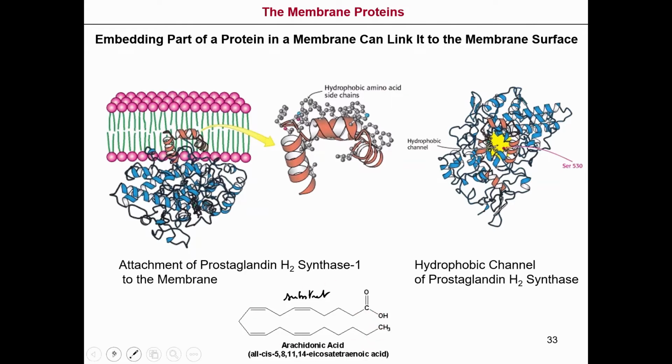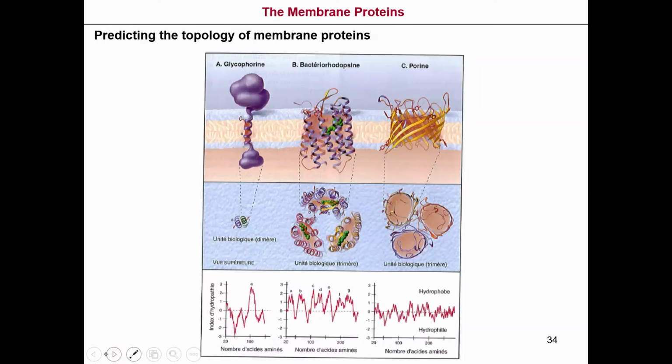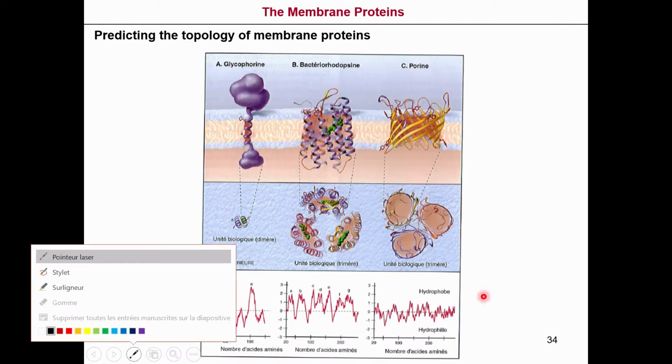Okay. So how to predict the topology of a membrane protein? In fact, we can plot what we call a hydropathy plot. This is this.